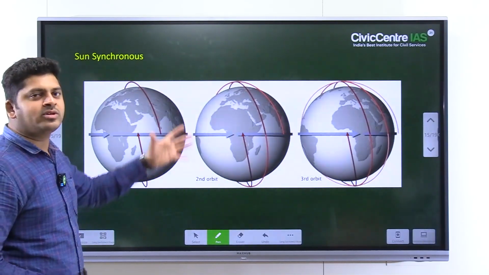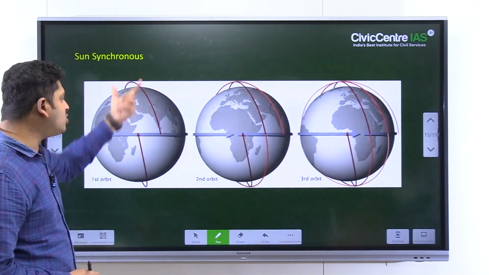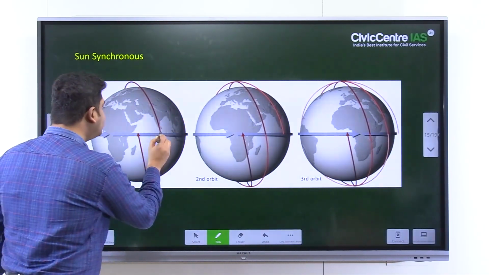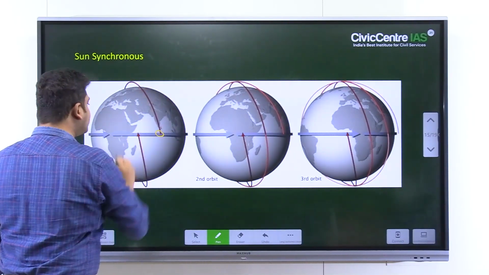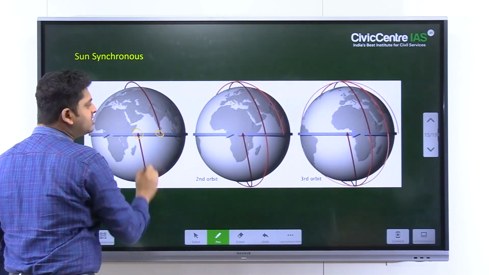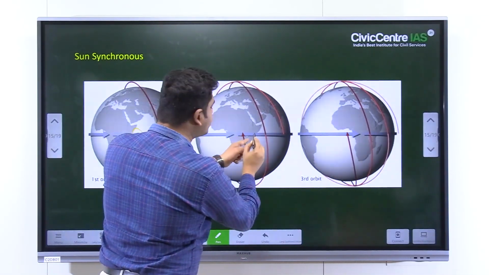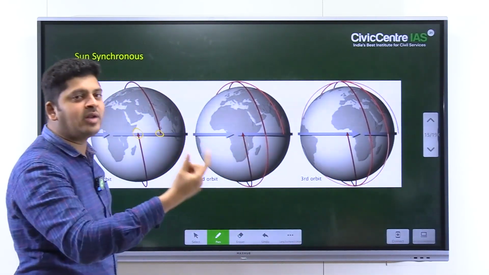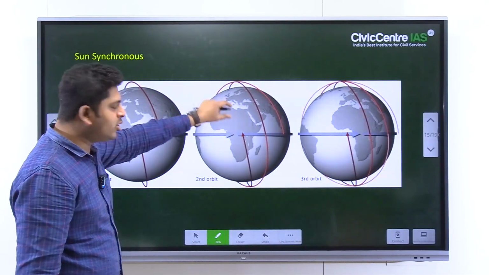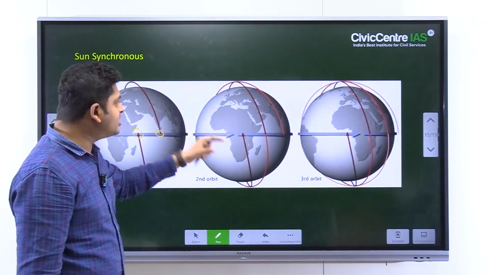Considering this is the sun synchronous orbit, the satellite from here completes its revolution like this and reaches here. In the second revolution, the satellite reaches here. The solar mean time whenever the satellite crosses a particular point on the Earth is going to be the same.